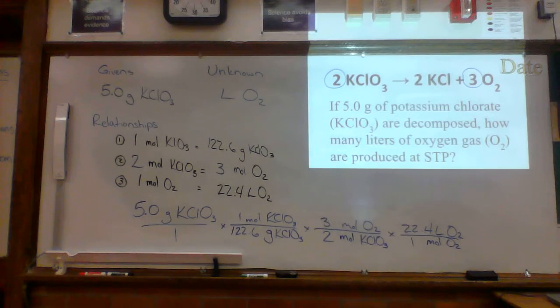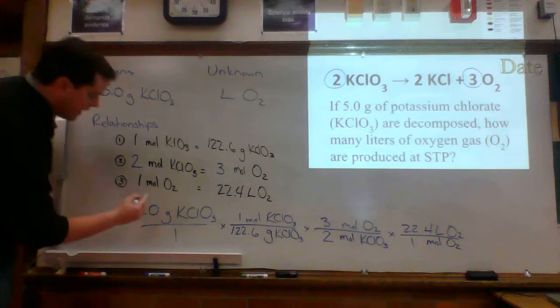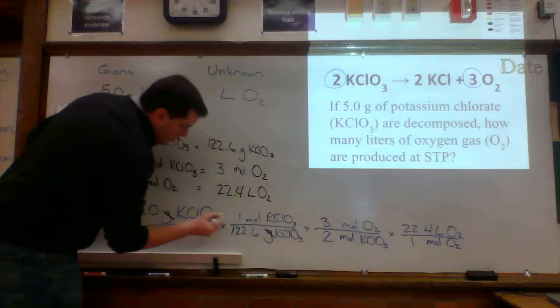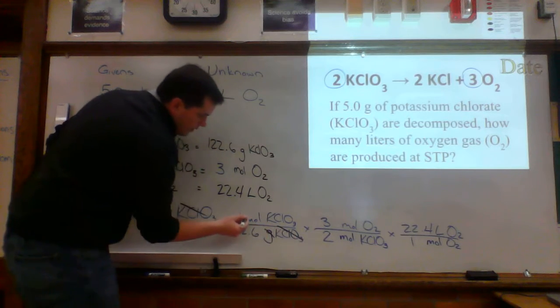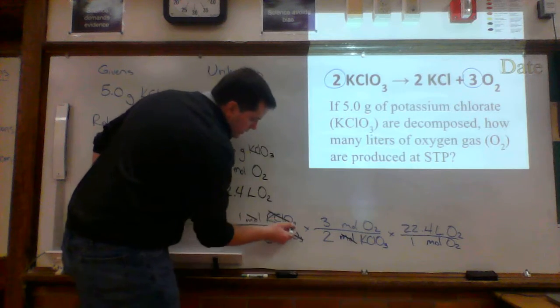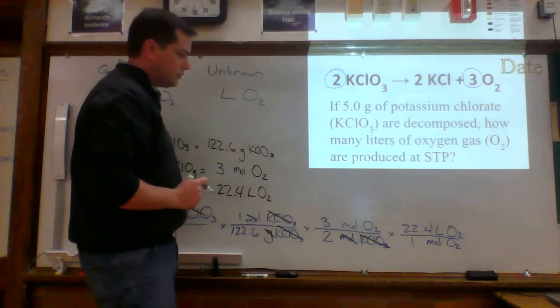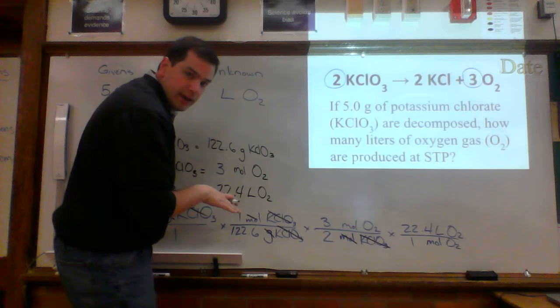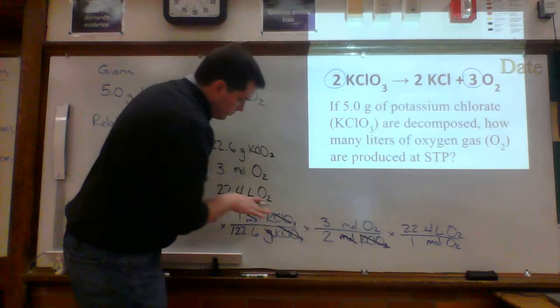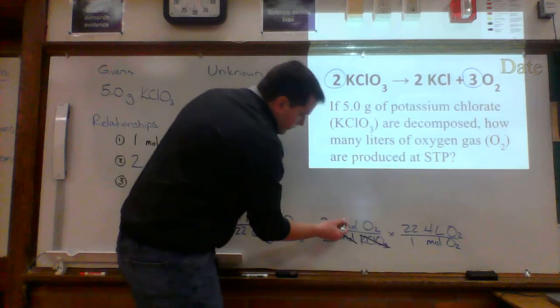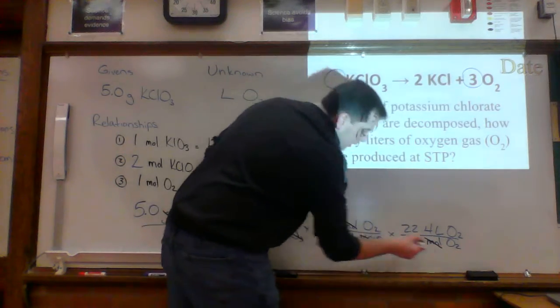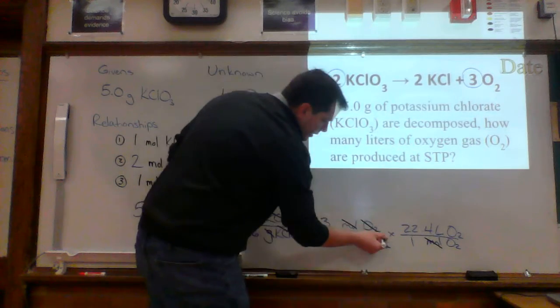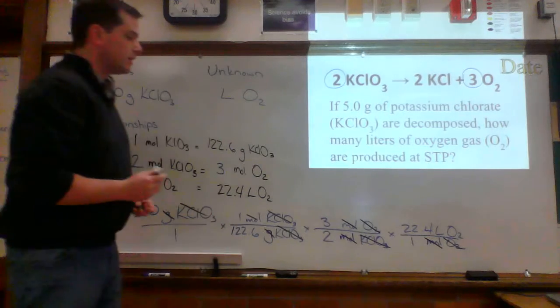Now that you've got your 4 fractions, now you'll be able to see what cancels. Grams cancels grams, moles cancels moles, KClO3 cancels KClO3. And notice that I'm canceling out on a diagonal. Up here, diagonally down to the next fraction. Up here, diagonally down to the next fraction.